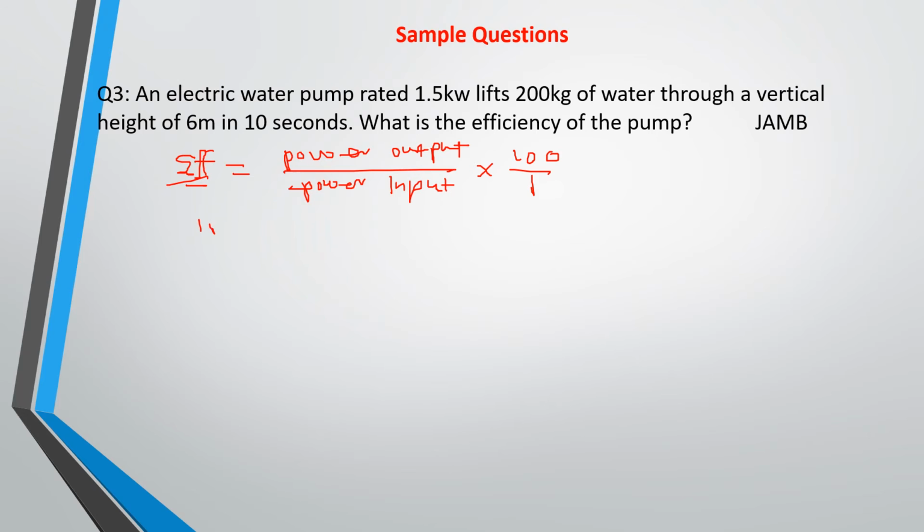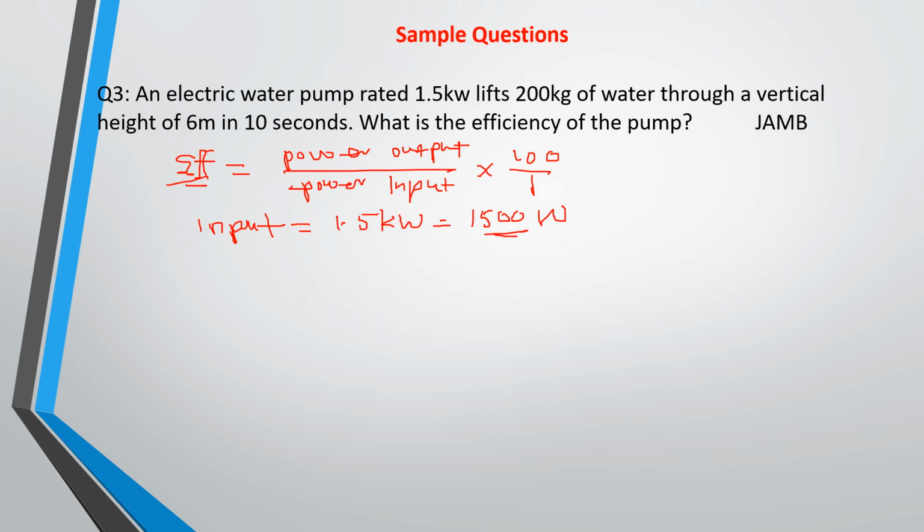The input power of the machine is 1.5 kilowatts, and when you convert this to watts, you multiply by 1000, so that you have 1500 watts. Okay, so this is the power input.